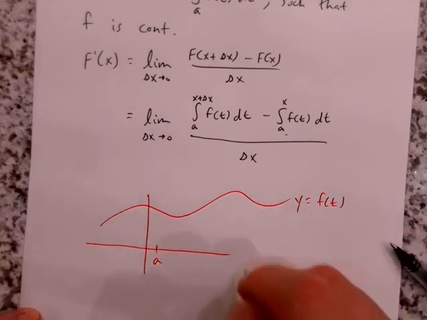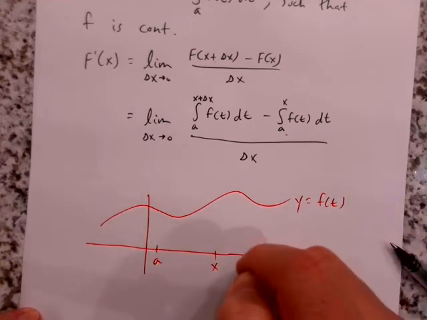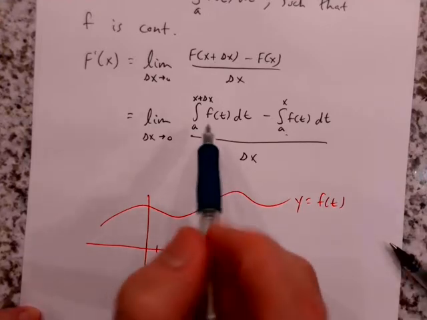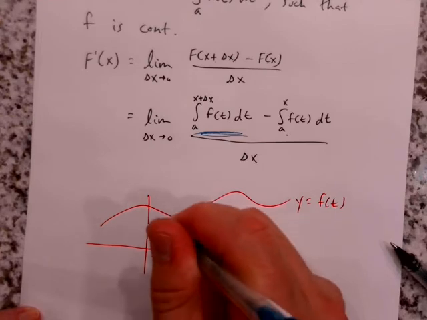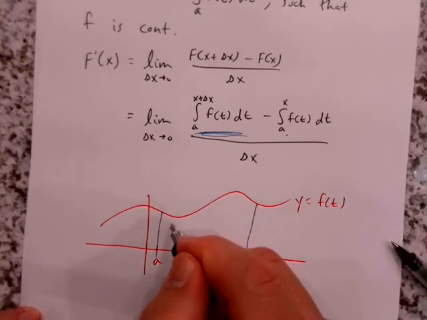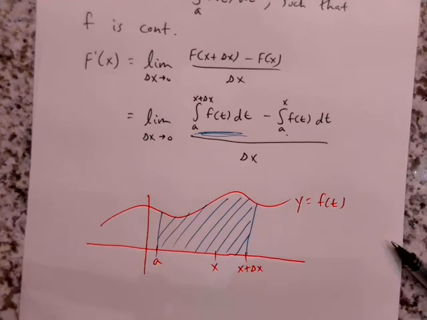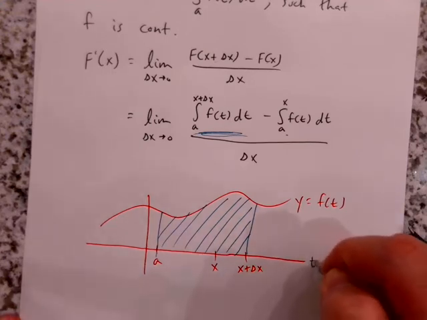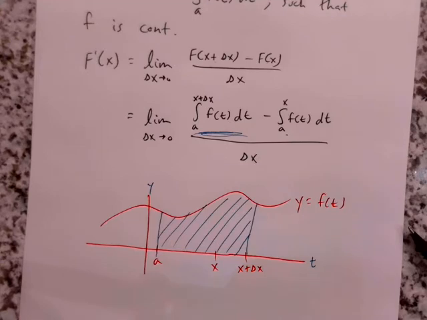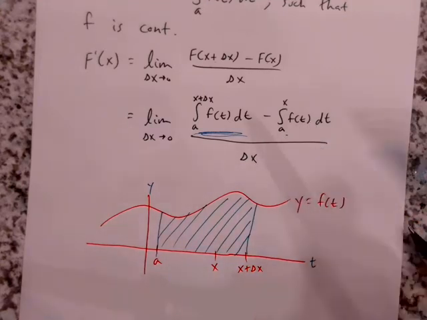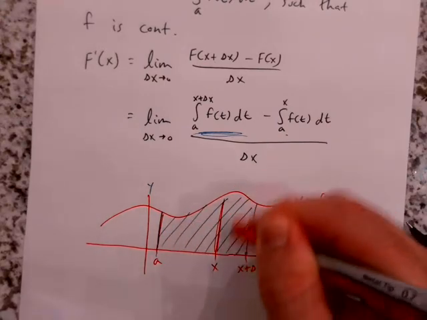So we'll say here's a, here's x plus delta x. So the first integral gives us this area, or this amount of space between the curve and the x-axis, or the t-axis, I should say. And then we subtract the area underneath this curve from a until x. The area from a until x is this part right here.